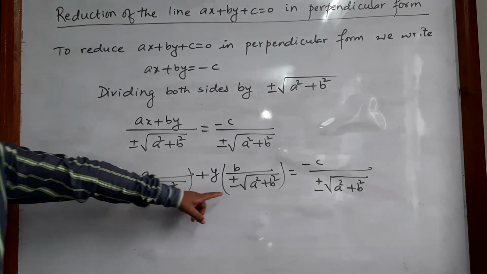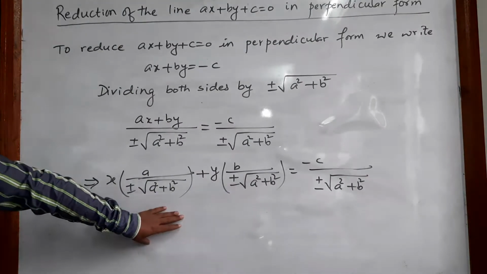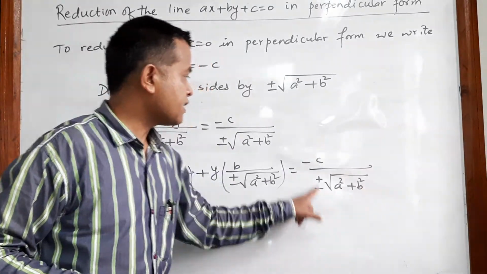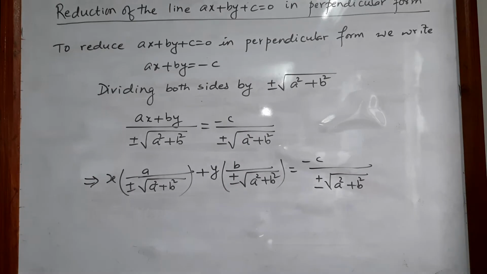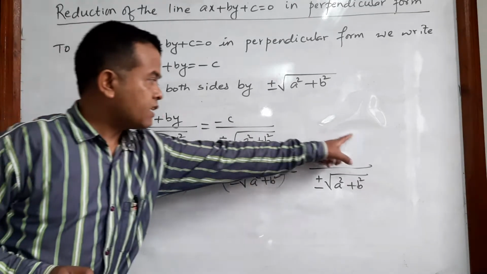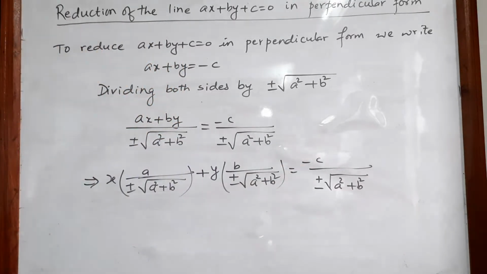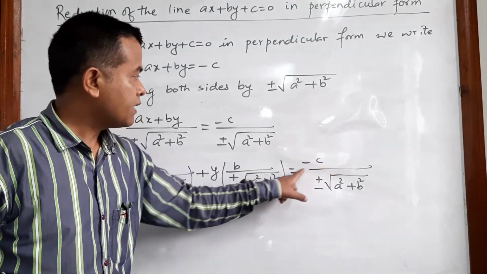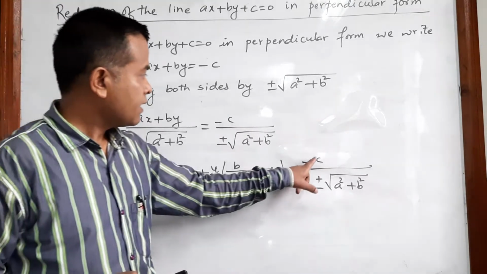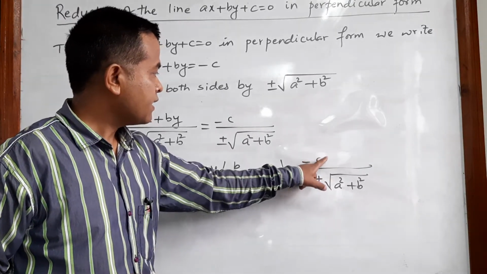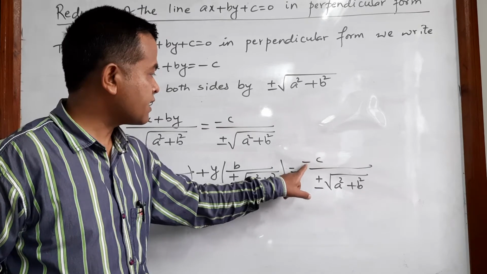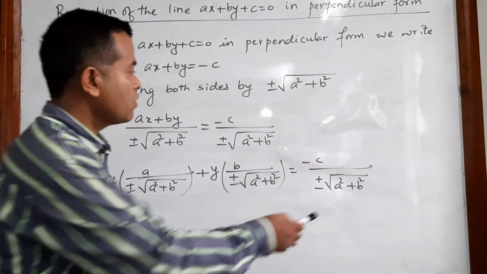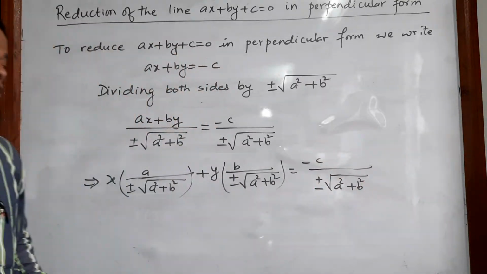Out of this plus minus, the sign is chosen in such a way that this part gives us the length of the perpendicular. So to make this part positive, we will choose the sign. If c is positive, then we have to choose the negative sign to make the overall value positive.